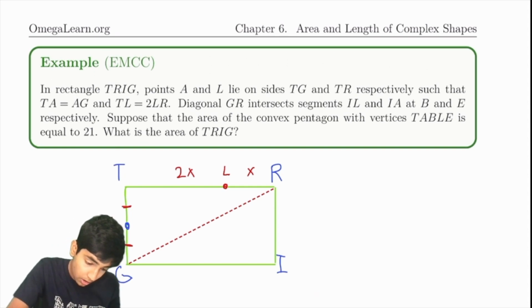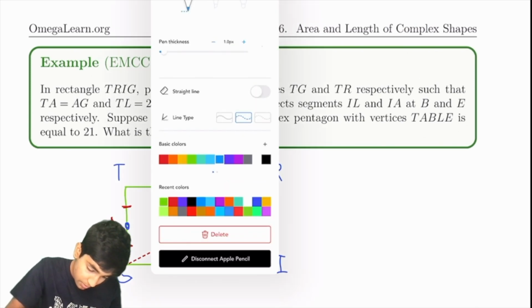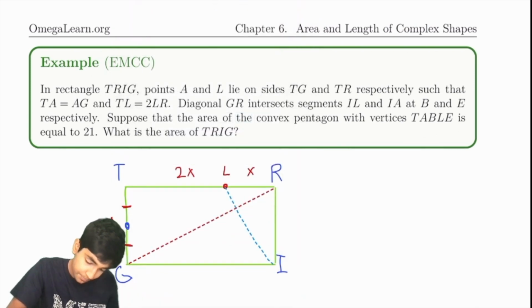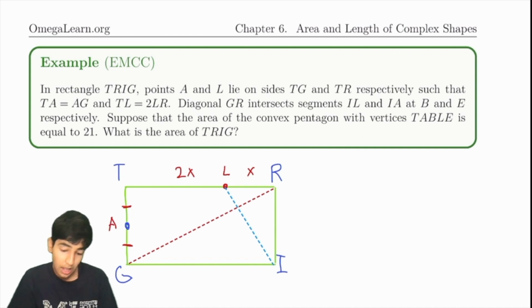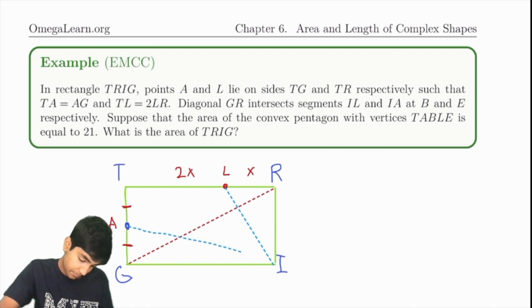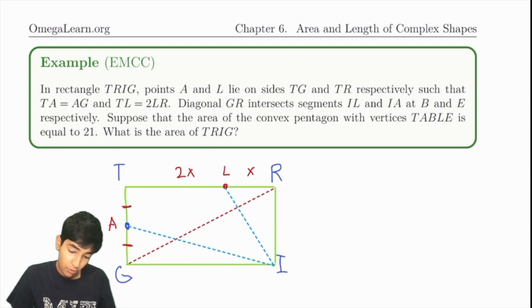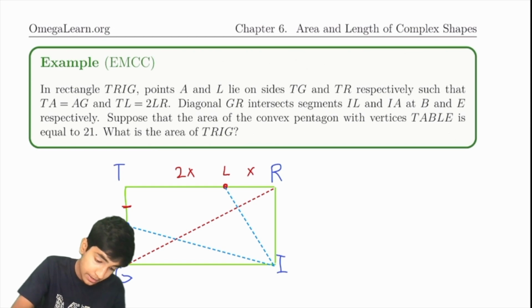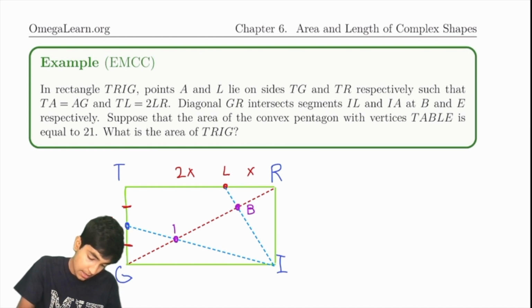Okay, IL, let's use dotted lines again, IL like that, and IA at B and E respectively. So IL at B and IA at E.